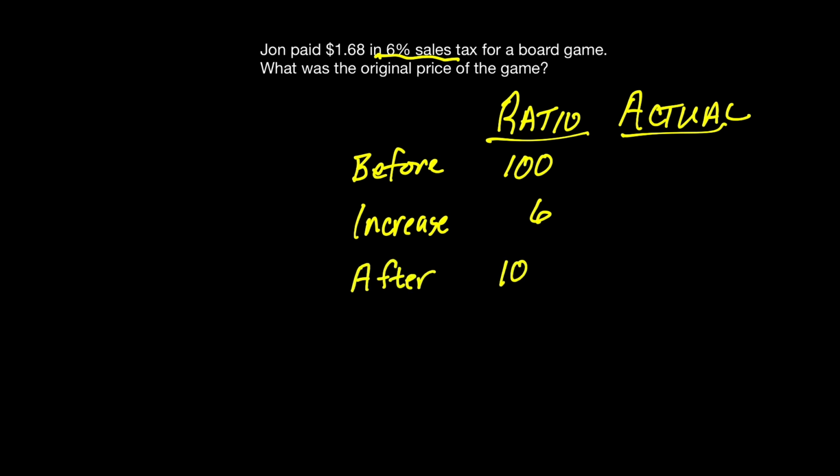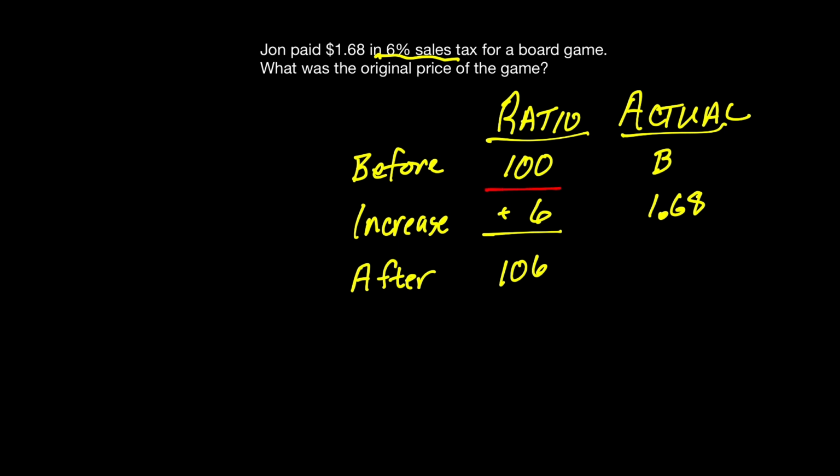The after price, if I add these two numbers up, is 106. I want to know the original price, the before price here, and the sales tax I know is 1.68. It's called a ratio box because we set up two equal ratios.